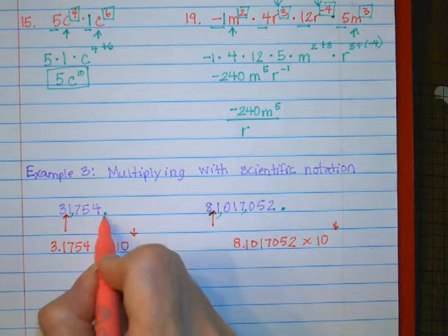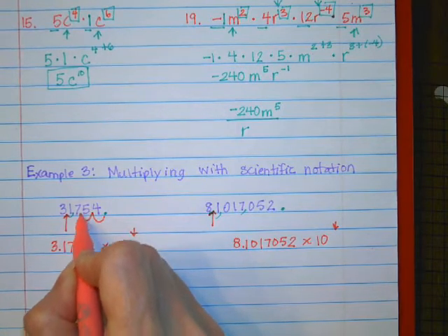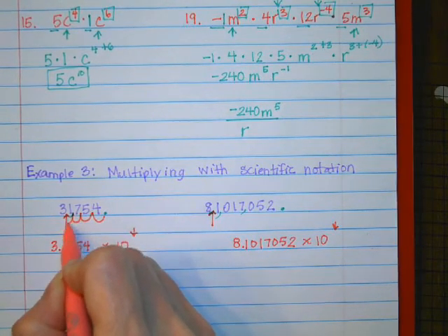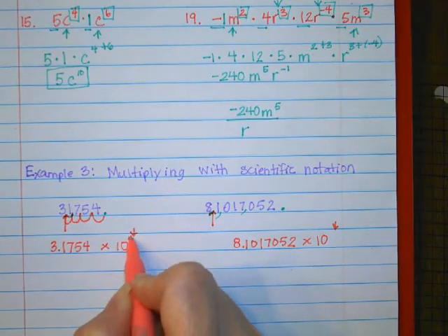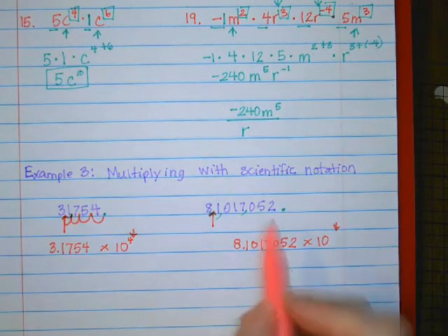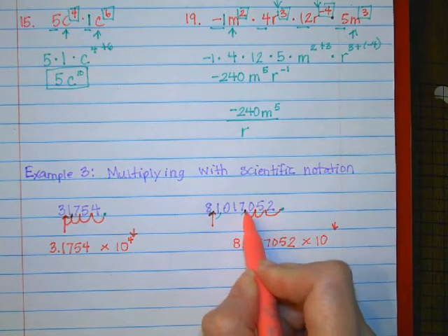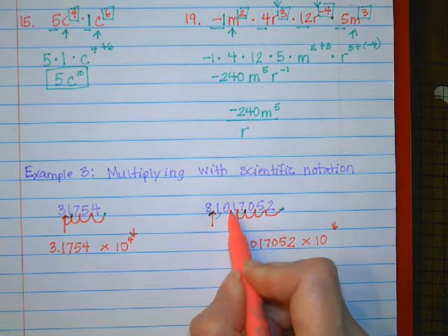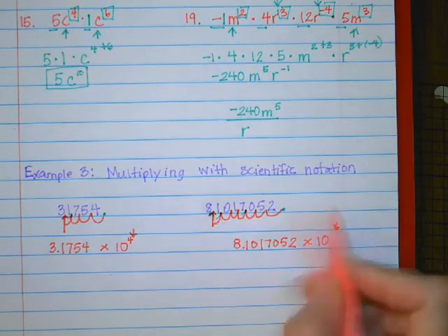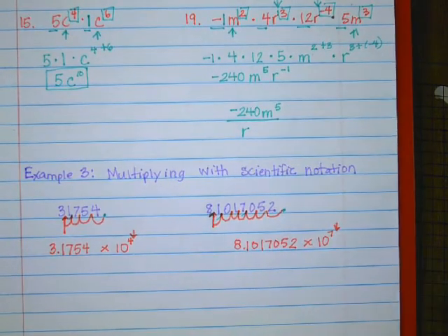So if I move my decimal to the right 1, 2, 3, 4 times, my exponent would be 4. Here, if I move my decimal over 1, 2, 3, 4, 5, 6, 7, so my new exponent would be 7.